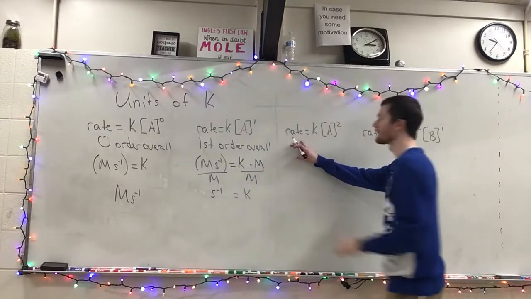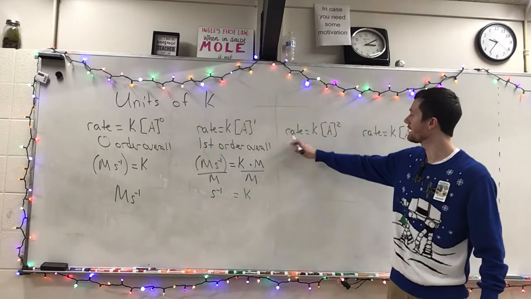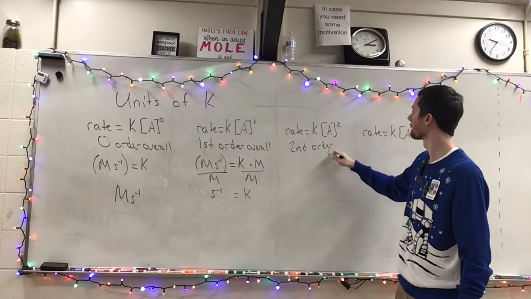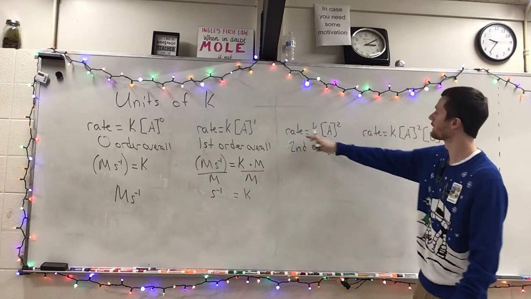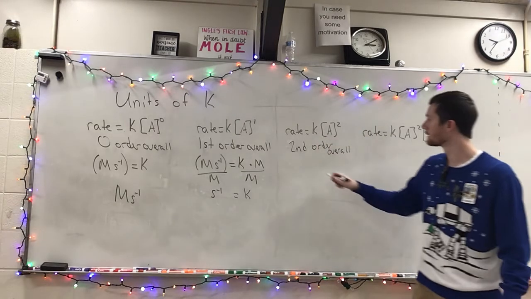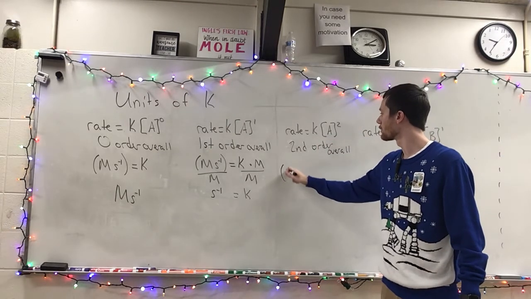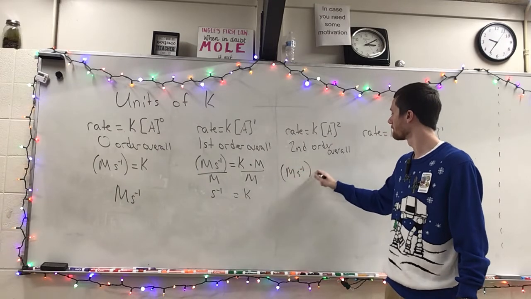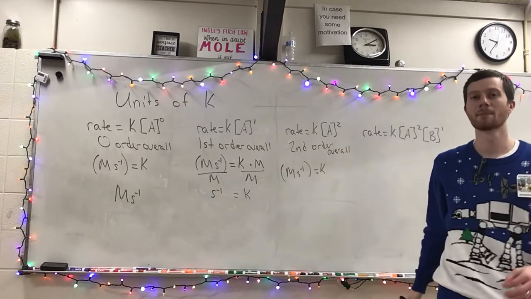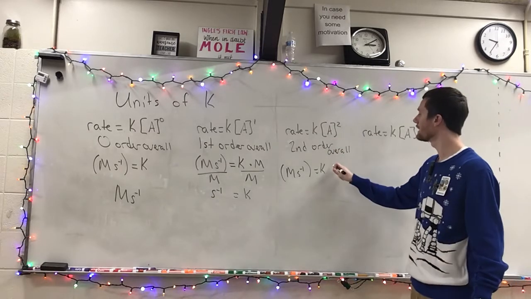Now let's take a look at something that's second order overall. We've got rate equals k times the concentration of A, which is being squared. So again, rate is measured in molar inverse seconds equals k. Now think about what's happening here. These brackets symbolize molarity, but then that's being squared.